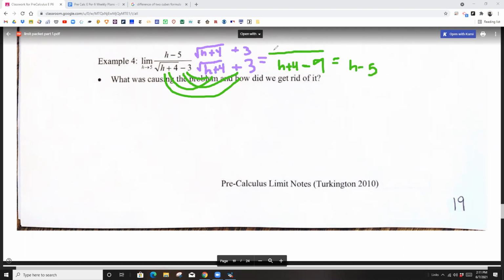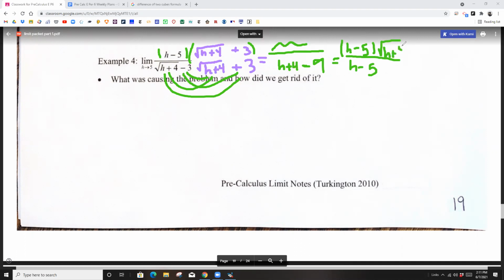I'm not going to rewrite this part because it takes a while to write that stuff. But now if we take this and we multiply across, we're not going to FOIL, because we want to keep it factored, because we now have an h minus 5 in the denominator. And if we were to plug in 5, we would be dividing by 0. So that's no good. So we rewrite it.